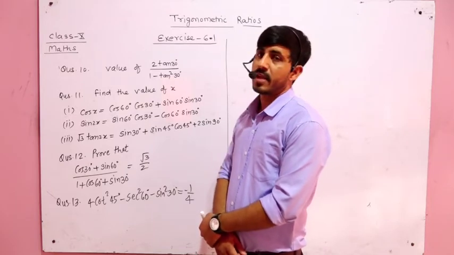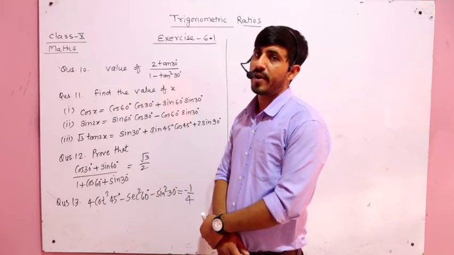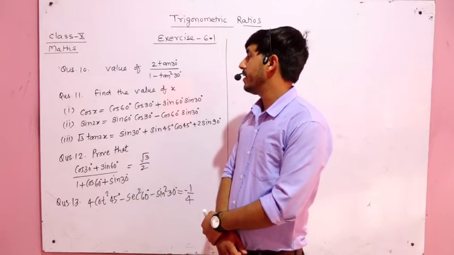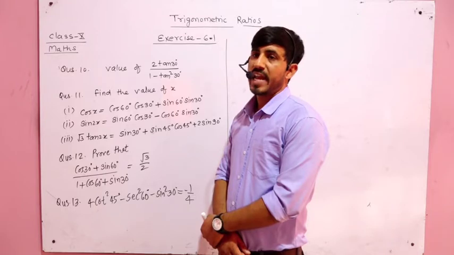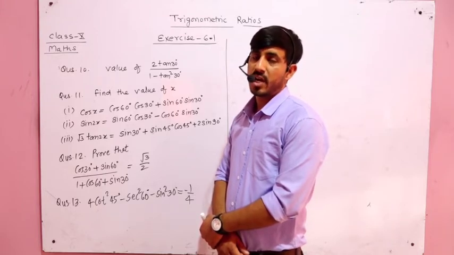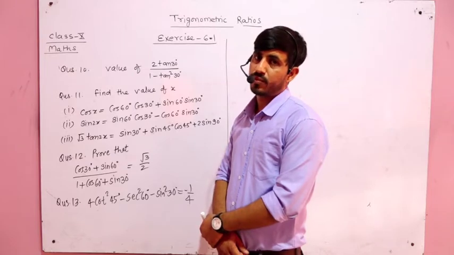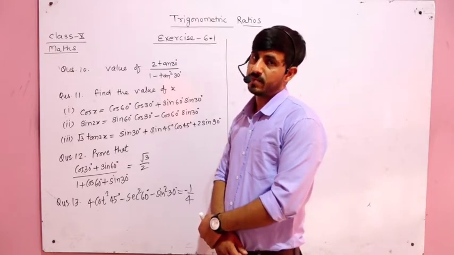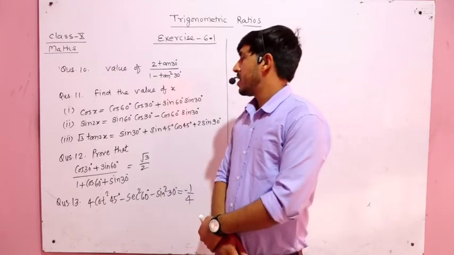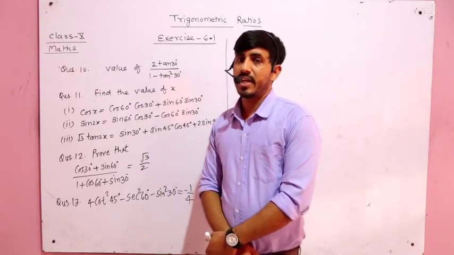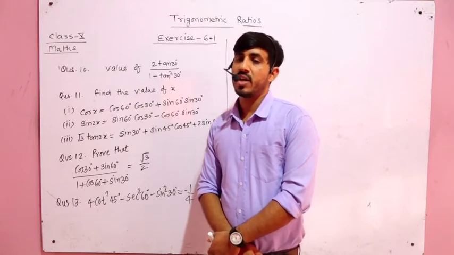We have prepared the table for trigonometric ratios for different angles, and all the questions are related to the given angles of 0 degree, 30 degree, 45 degree, 60 degree or 90 degree. All questions we are solving are related to that table. That table we have already constructed.